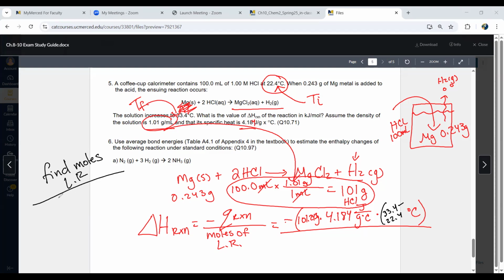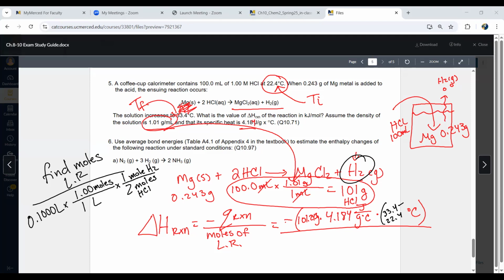So we're going to turn our HCl into moles. There's 100 mL, so that's 0.1000 liter times 1.00 moles per 1 liter. And then I'm going to turn it into moles of one of the products just to see which one's limiting. I'm just going to pick H2. I can pick either product. So there are 2 moles of HCl for every 1 mole of H2.